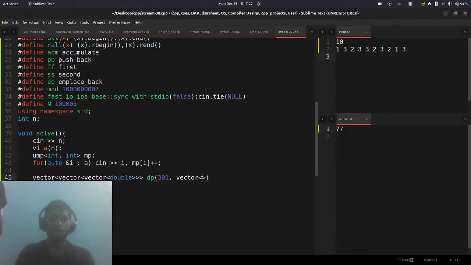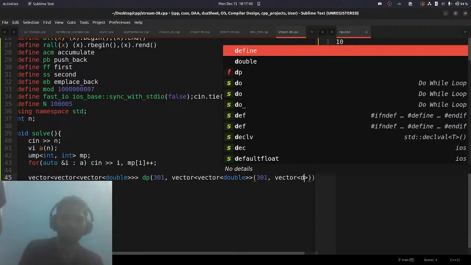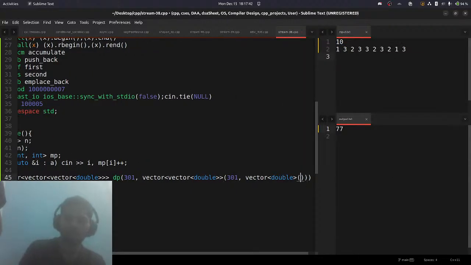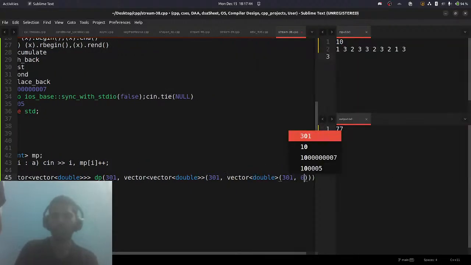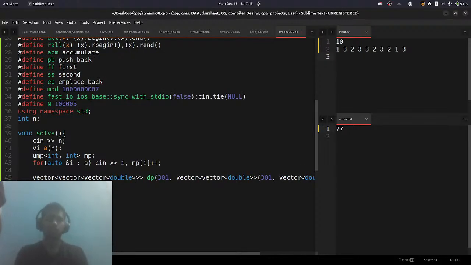So in that case, similarly here and here, and everything is 0 at first.